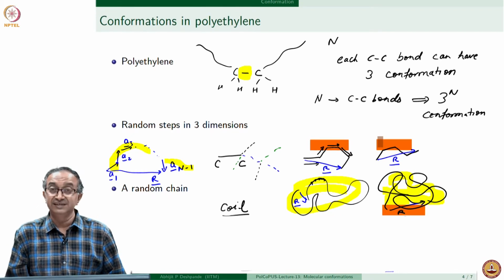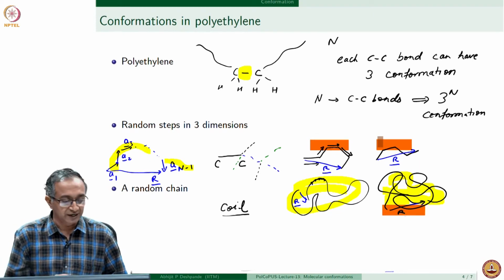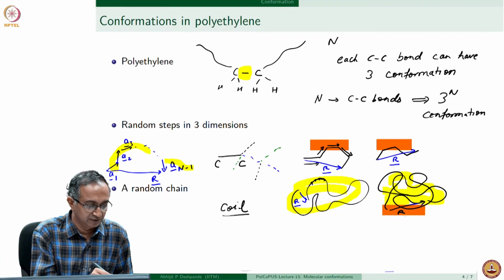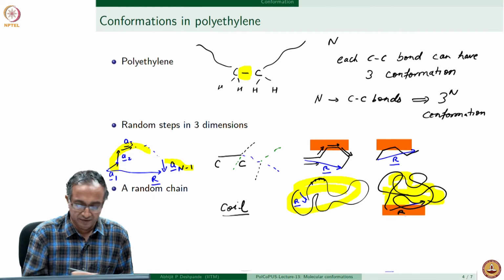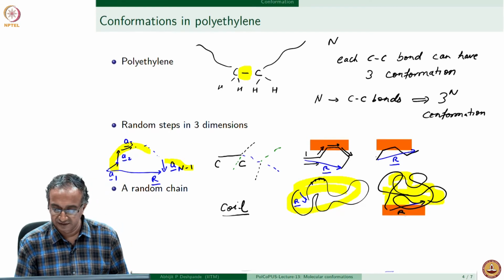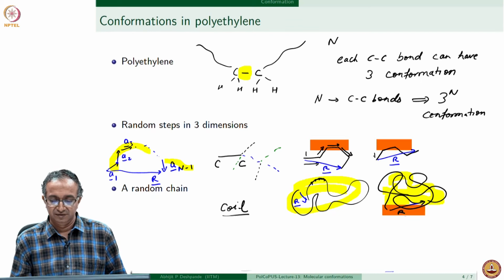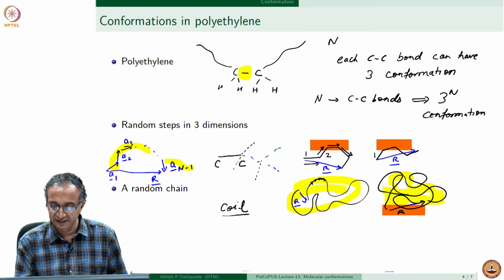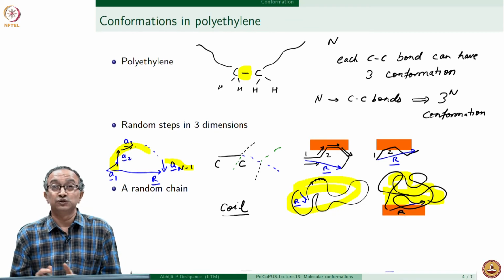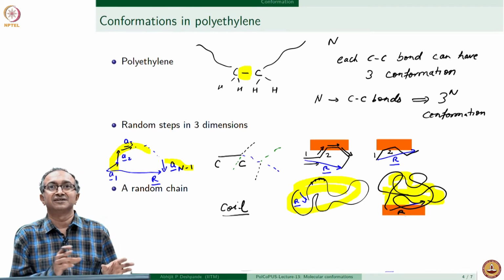And what you can see, the way I have drawn it, if you look at the first link, let me just, so this is the first link, this is the first link. This is the second link and this is the second link. So this is only two conformations. You can already see that the first link orientations are very different in the two cases.